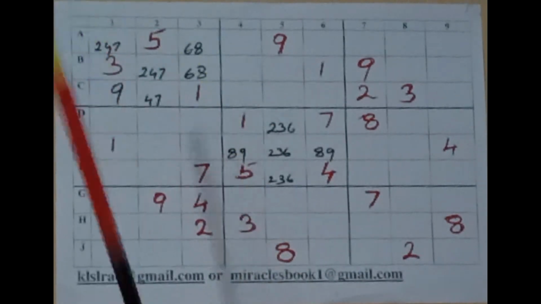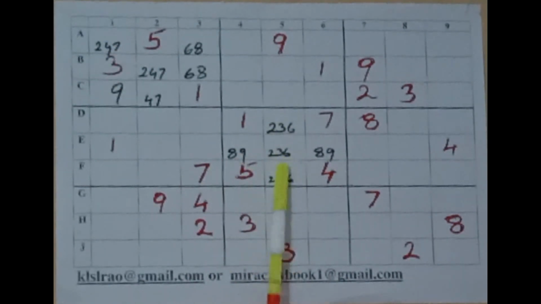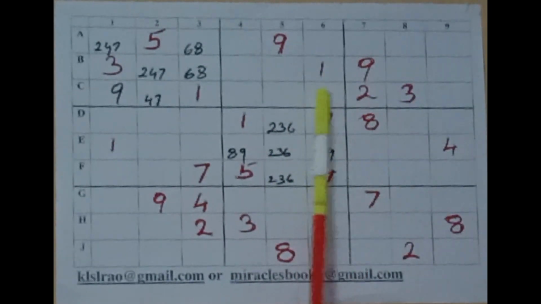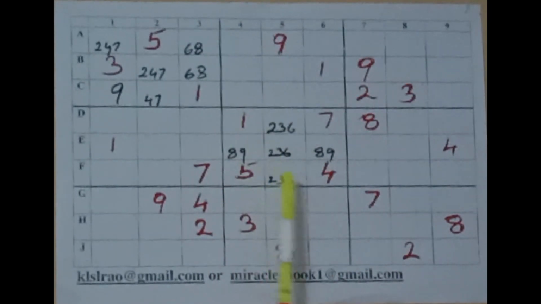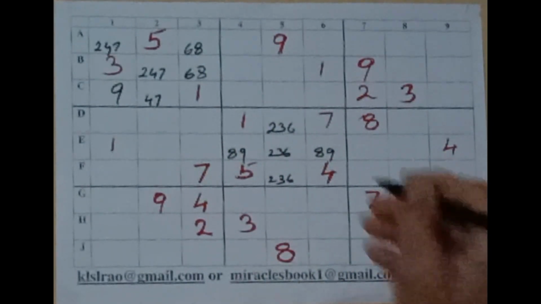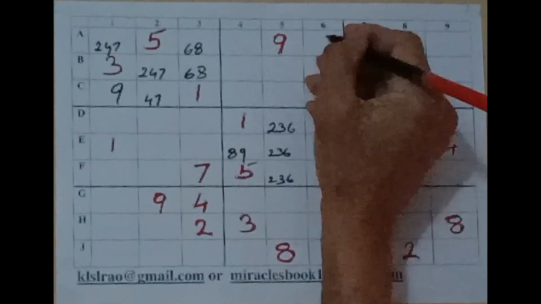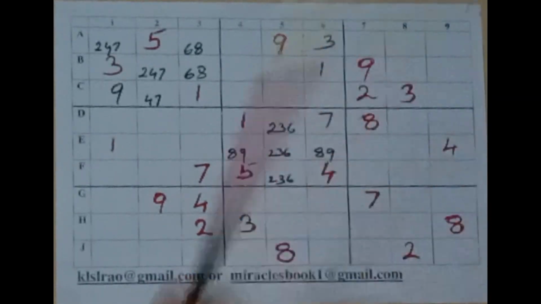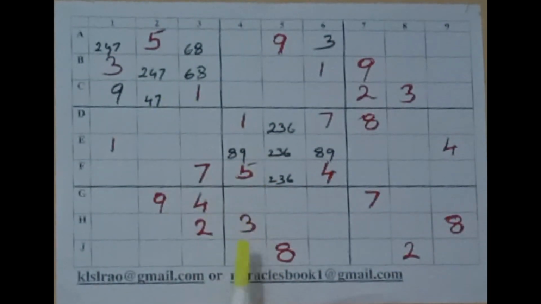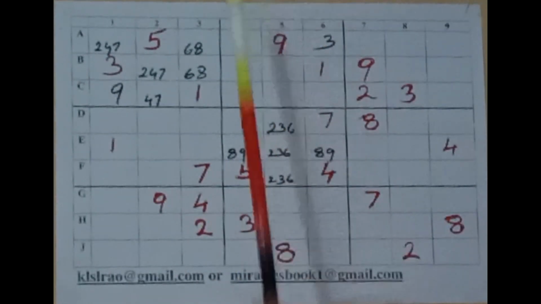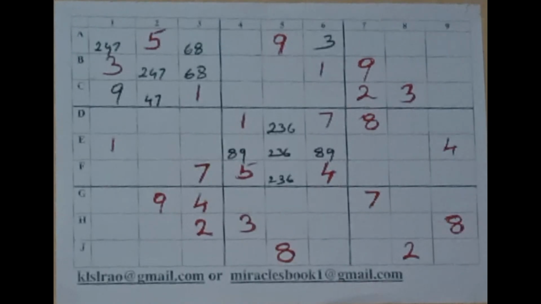We have this 3 here, we have this 3 in this trio, and if we look at this box, we have this 3 cross-checking here. Therefore, in this box, the only place for number 3 is here. I hope I am clear. You have a 3 there, you have a 3 there, and you have a 3 here, you have a 3 here.